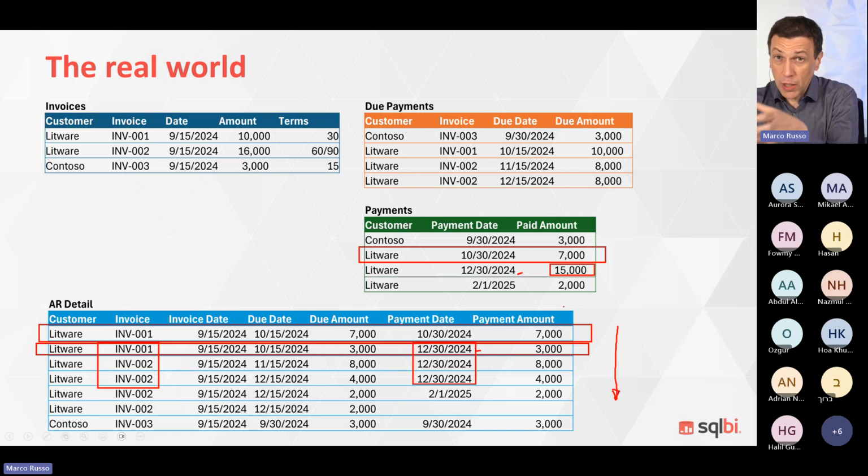So I move the complexity of understanding the relationships between payments and invoices and due payments into the data preparation. Yes, creating another table, duplicating the data if you want, but making it much easier to actually generate the report.